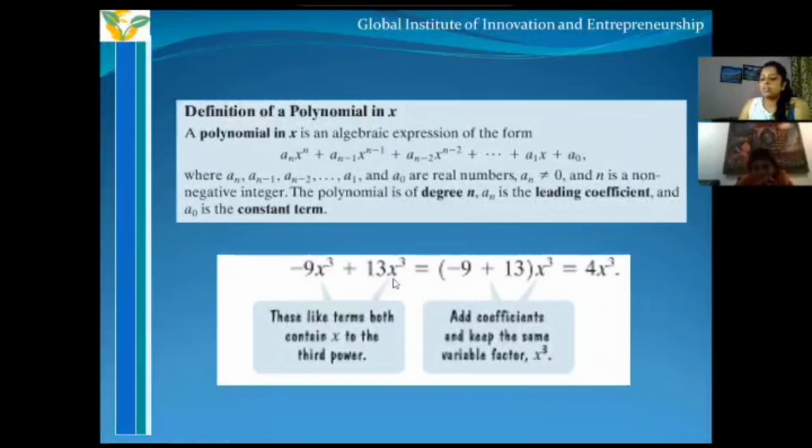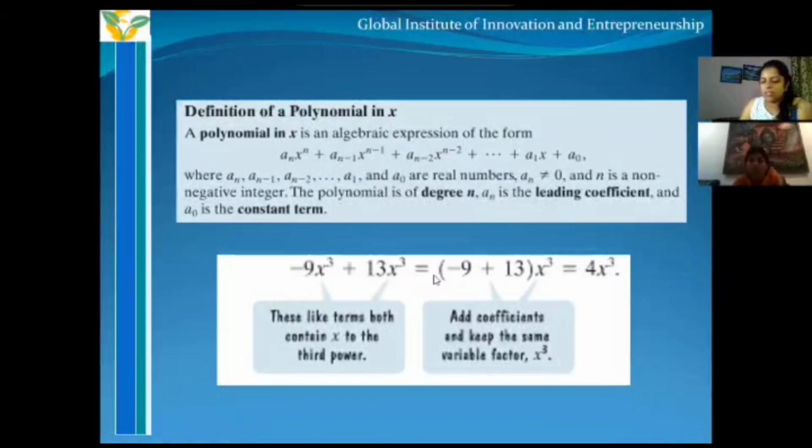Coming to an example, minus 9x cubed plus 13x cubed. You all know that x cube is with minus 9 and x cube is with 13, and I have already told you about like terms. Since both of them are like terms, minus 9 plus 13. You already studied the algebraic operations, right? Minus plus, plus minus, plus into minus, minus into minus. These 4 algebraic operations you already studied.